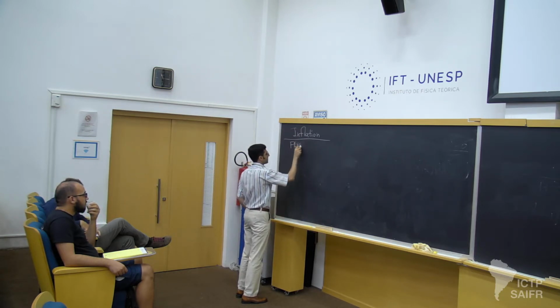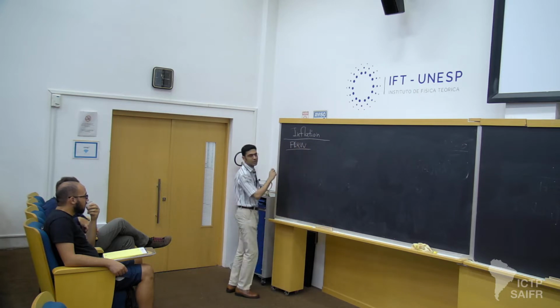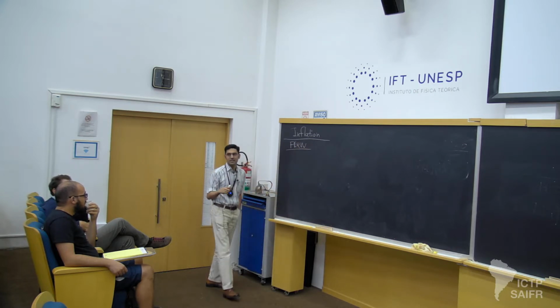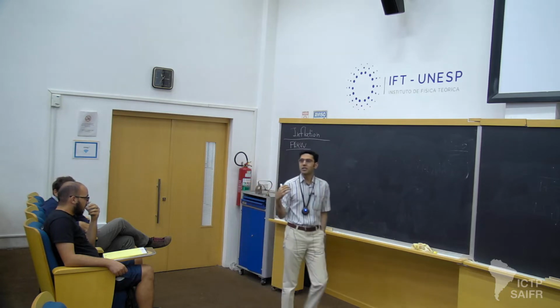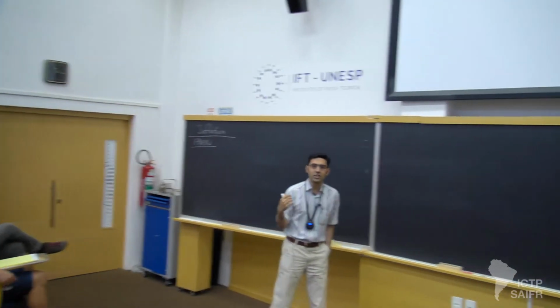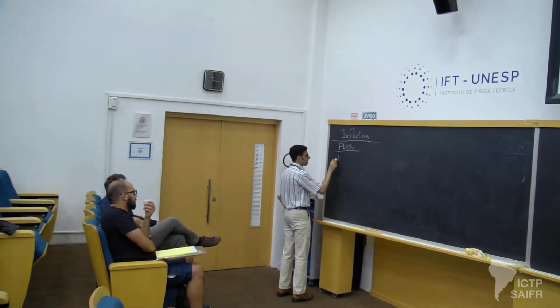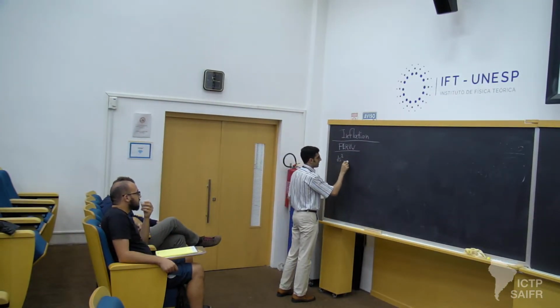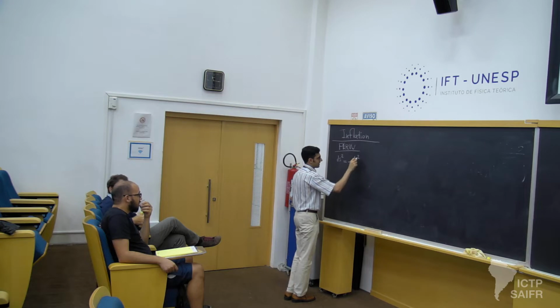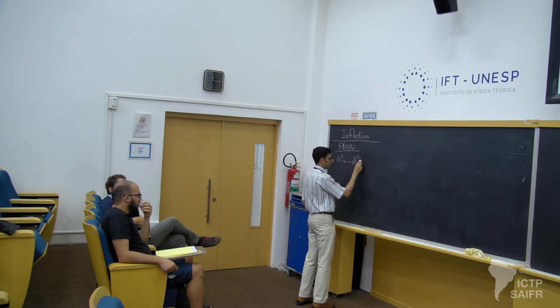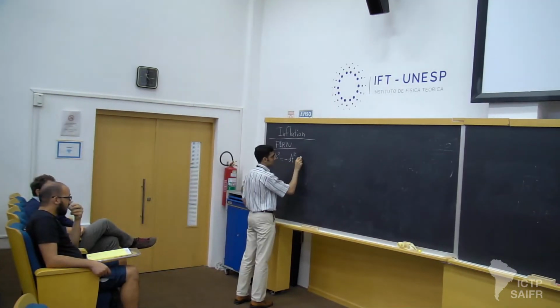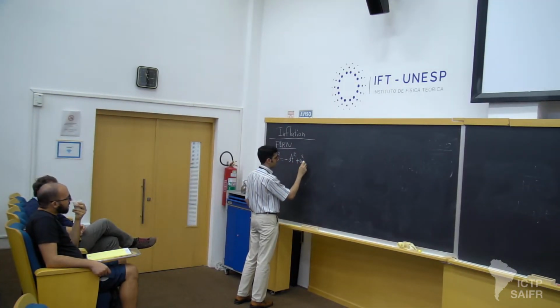All right, so I'm going to start from FLRW cosmology. As we saw, this is the description of a universe which is homogeneous and isotropic. We describe it by a metric which is called the Robertson-Walker metric, a squared sum and spatial part.